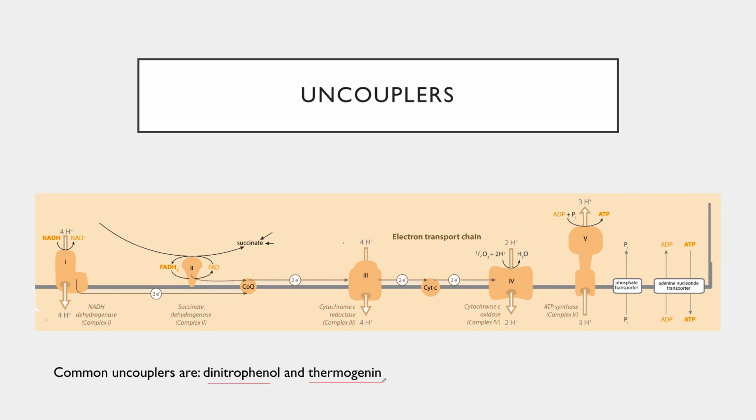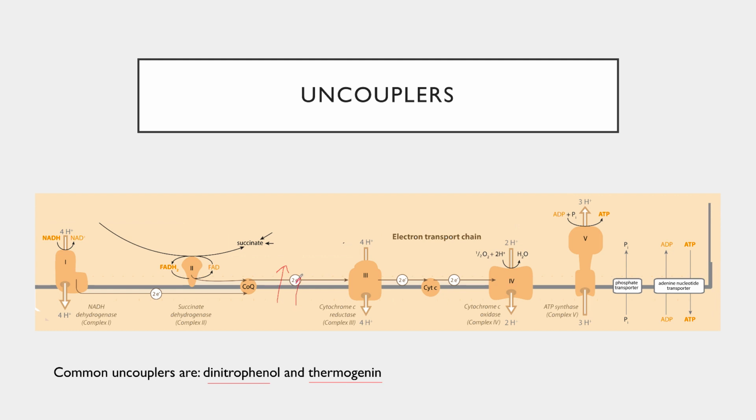So uncouplers, either chemical uncouplers or biological uncouplers, their primary role is to change the permeability of the inner mitochondrial membrane. And by doing this, it allows for protons to start to flow freely across the inner mitochondrial membrane, and this changes the electrochemical gradient.